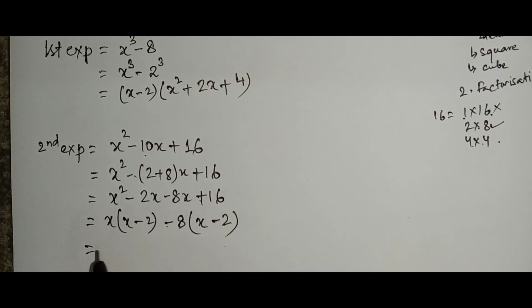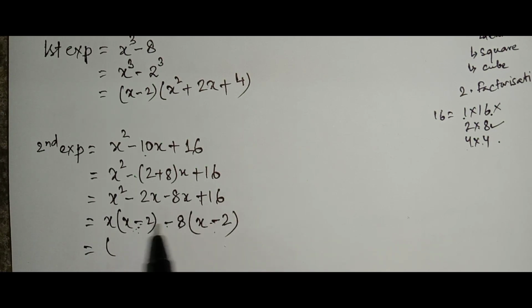Now x minus 2 is in both brackets, so I write x minus 2 once, and in the next bracket the leftover, which is x minus 8.